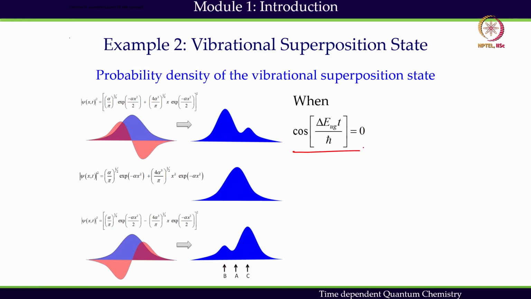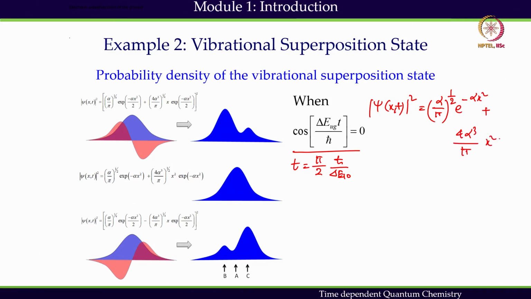If we make the cos value 0, it means that I have t equals pi by 2 h cut divided by delta E 1 0. So I have this psi x t density equals alpha by pi to the power half e to the power minus alpha x square plus 4 alpha cube divided by pi x square e to the power minus alpha x square.